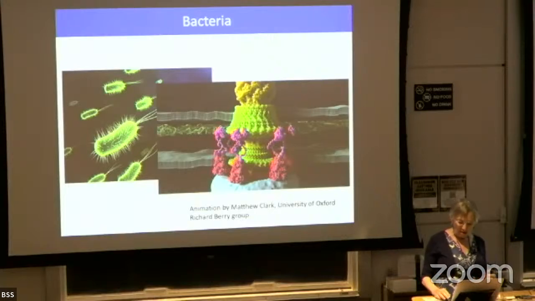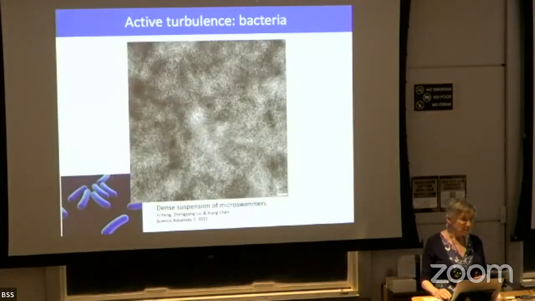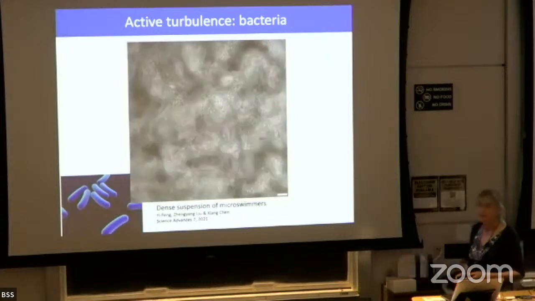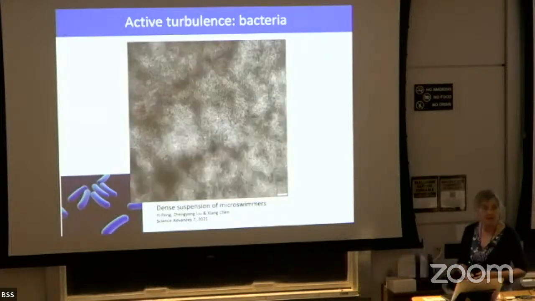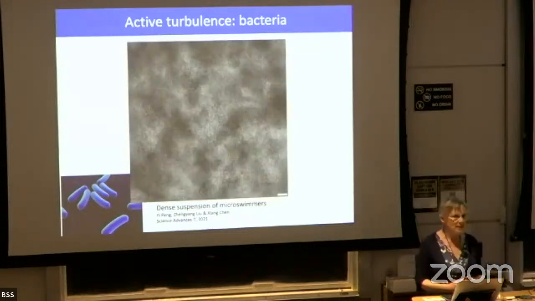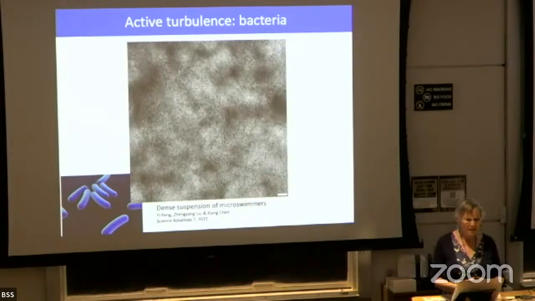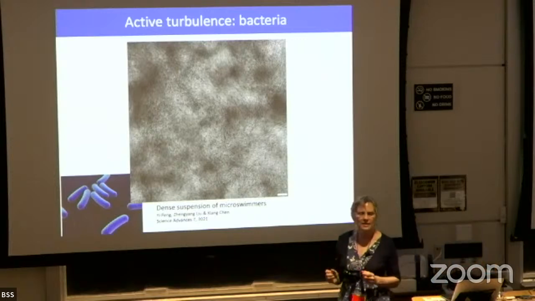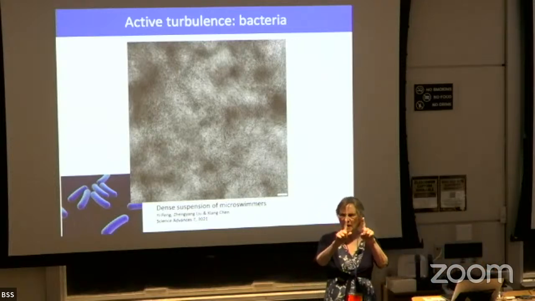Anyway, if you take these E. coli and you put them together, this is a three-dimensional system. Again, you're getting active turbulence. Is it the same or is it a little bit different? Because if you think about it, you've got these bacteria, and if you turn off the activity, they don't form a nematic state, right?